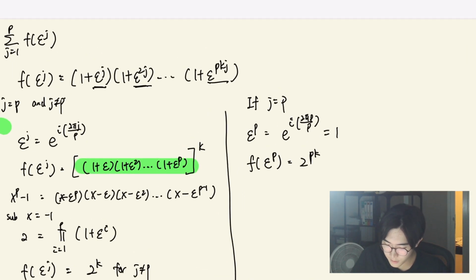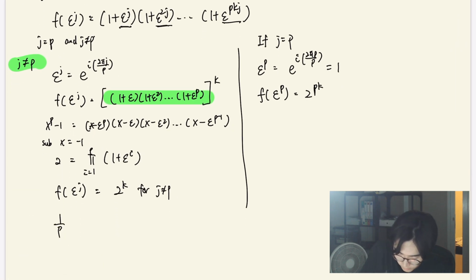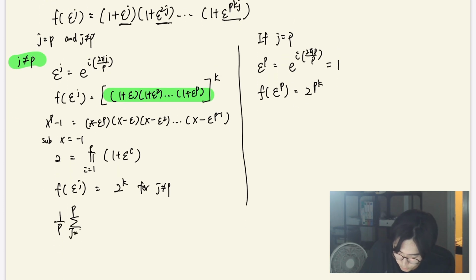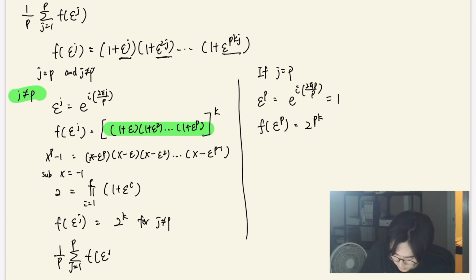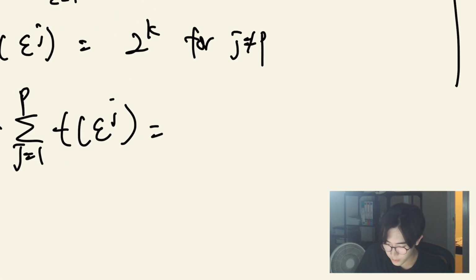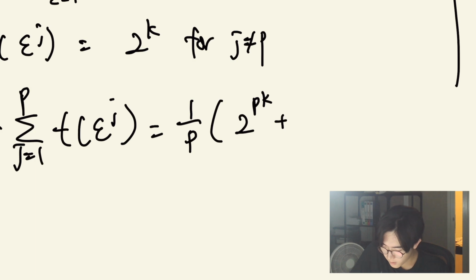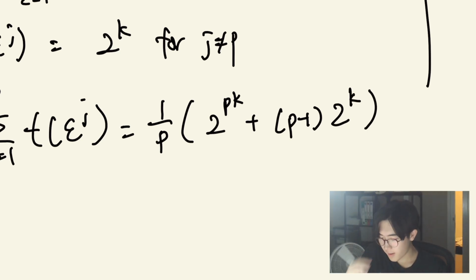So the sum in total is basically just 1 over p, sum over j equals 1 to p of f of sigma to the power of j, which is equal to 1 over p times (2 to the power of pk plus p minus 1 times 2 to the power of k).